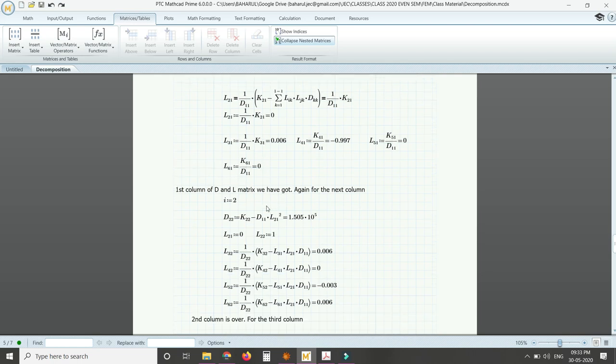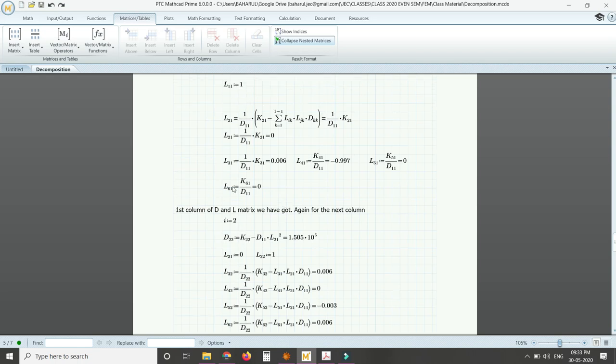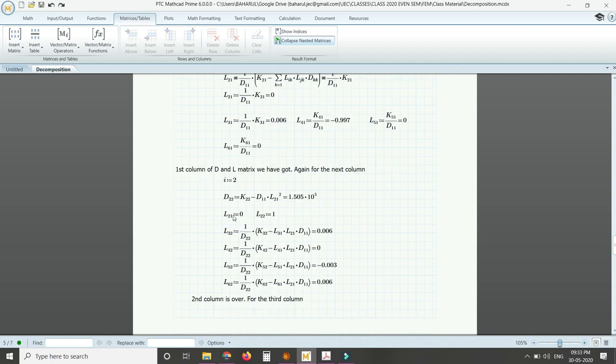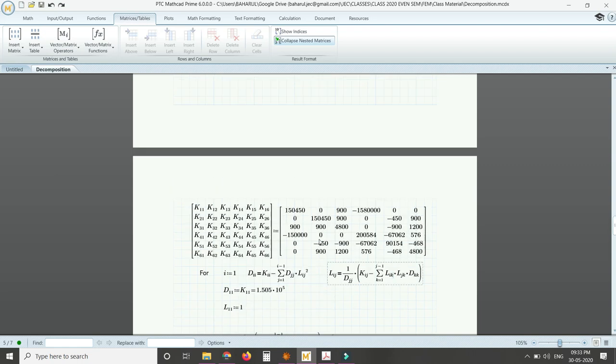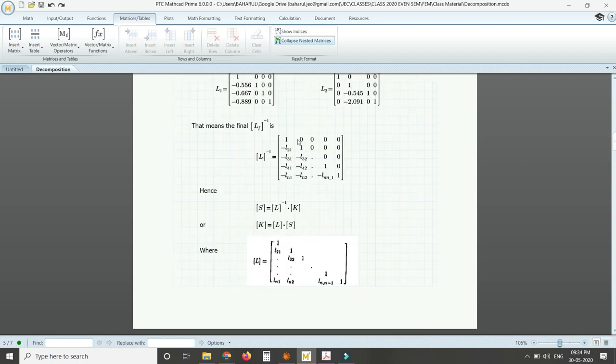For the next column, suppose I is equal to 2, d22, you put it in this general formula. It will be k22 minus d11 L21 squared. L21 you have already calculated. It is 0, because this is a lower triangular matrix, so this will obviously be 0.